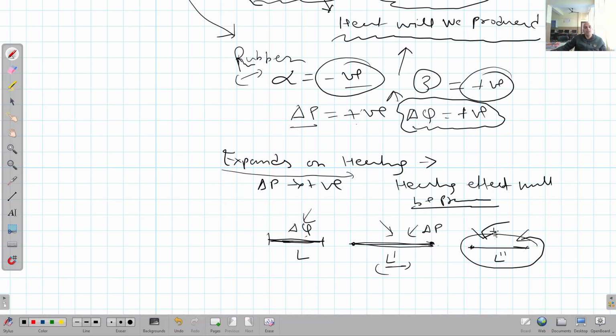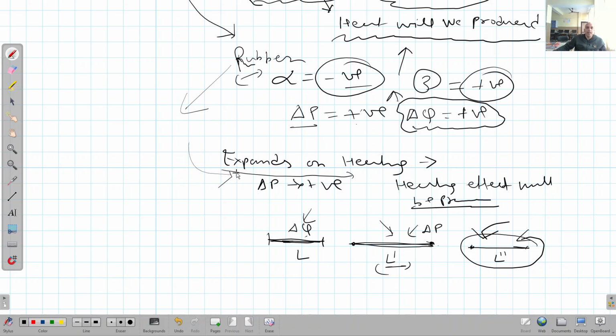And the situation will be reversed in those materials which contract on heating, for example, as I have taken the case of rubber here. So this is the reason: when we have expanded a material, we have done some work, we have applied some energy. But when we apply pressure on that material, obviously that extra energy, that amount of work, is going to come out of that material, right?